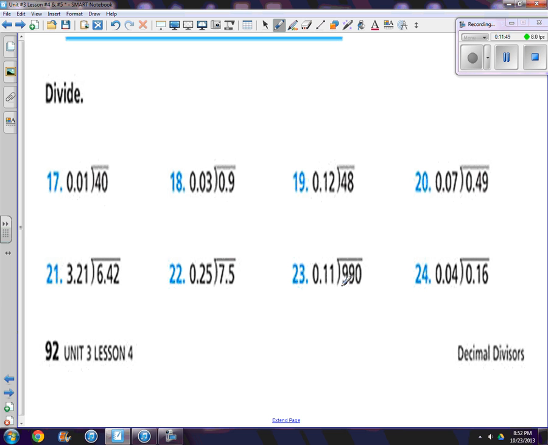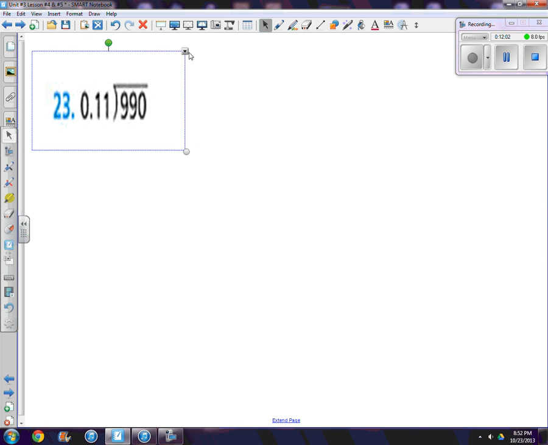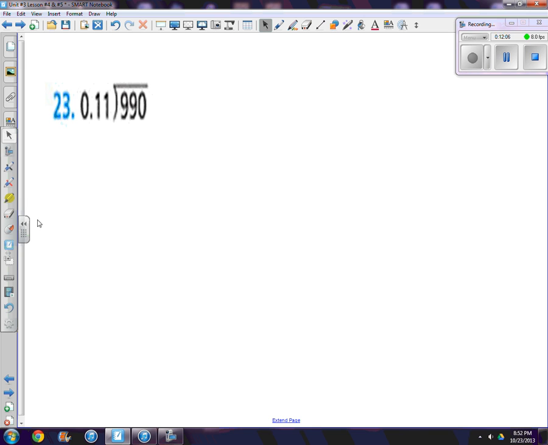Let's look at, let's say, 23 down here. So in your black notebook, please copy 23 down. And here we go. All right. We have 0.11 into 990. So the first thing we got to do is we got to move the decimals over. 1, 2.